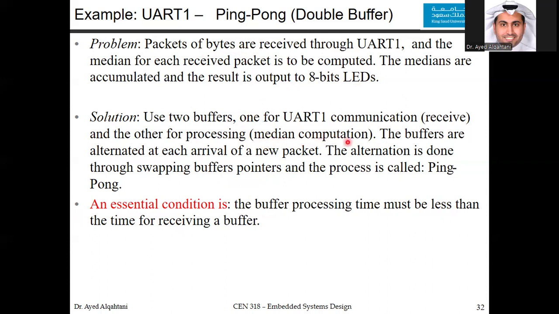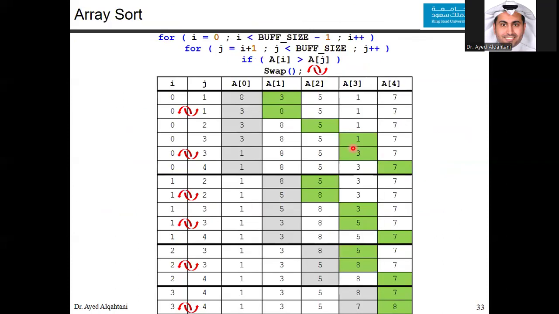For the processing here, it happens to be the median computation. And one requirement for the median computation, you need to sort the values first and then pick up the median. The sorting, we described it before when we talked about the C language for the microcontroller. I'm just showing this to you so you remember what we talked about. Since it's a sort, you need two nested for loops.